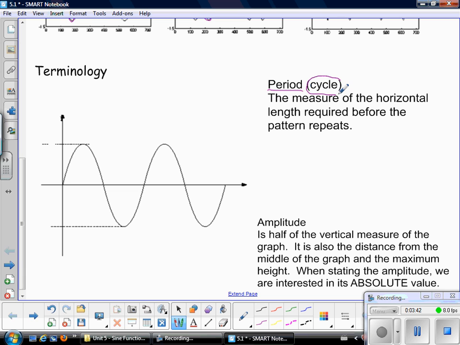What we're looking at is measuring the horizontal length required before the pattern repeats. So it's like, how long is the stencil? So if I look at here, the period goes from there to there. So this here is the length of the period, because if you notice, if I go and do that, it repeats again the same thing.